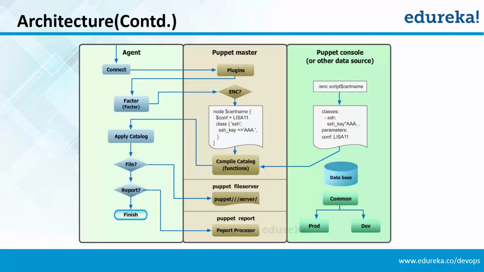This is the generic flow of the sequence of steps that is done. Essentially, when it does the connection back, this is how it really starts working. Now, you can use the Puppet console or any other data source out here. Typically, you can have any number of plugins.